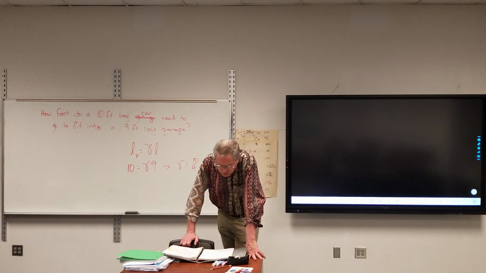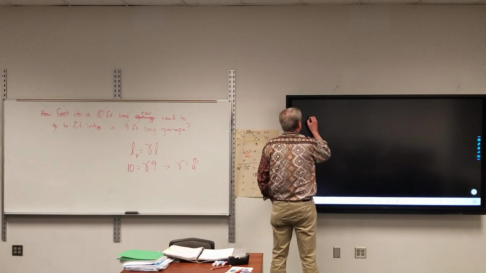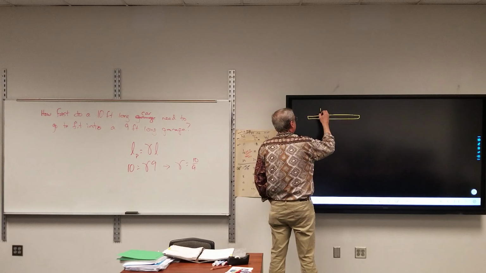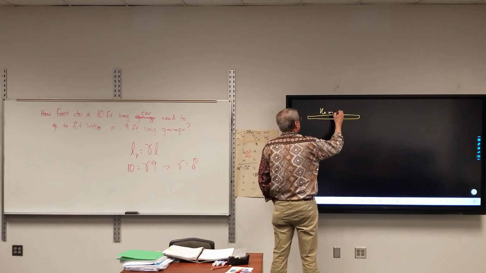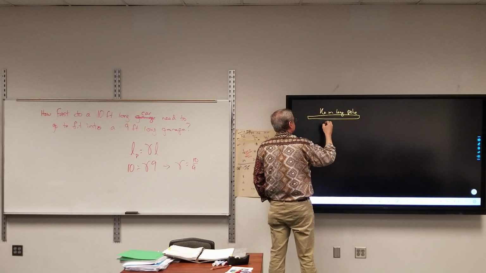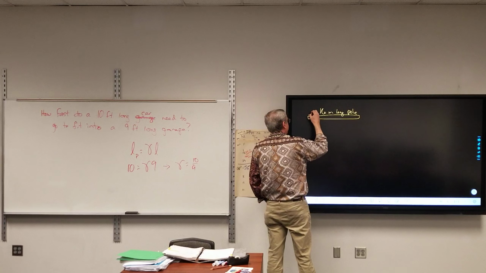Let's see, 10-meter long garage, good with that. 16-meter long pole, there we go, fine. This would be the rest length, or the proper length.